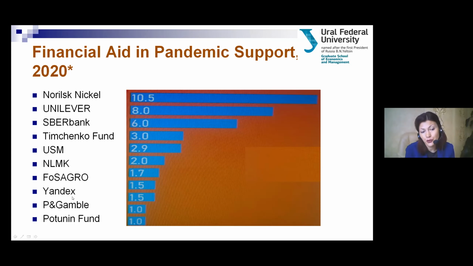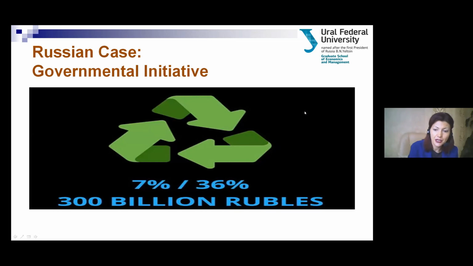And of course, you know, Yandex, which is an e-company, IT company, Procter & Gamble in Russia, and Potanin Fund is also related to a metallurgical company. So you see that Russian companies actually support a lot of stakeholders, even not directly outlined in their impact reports, during the pandemic lockdown.